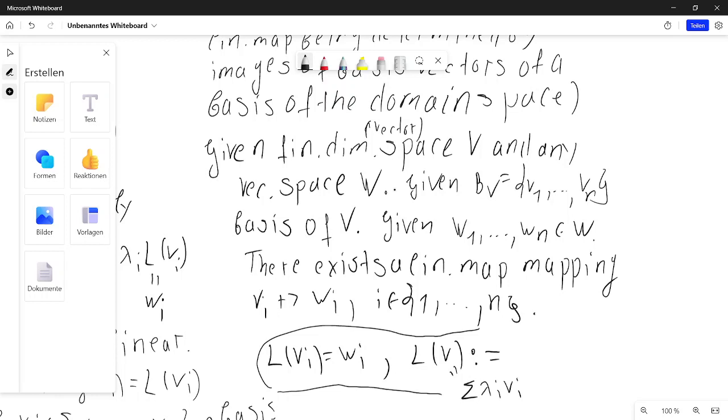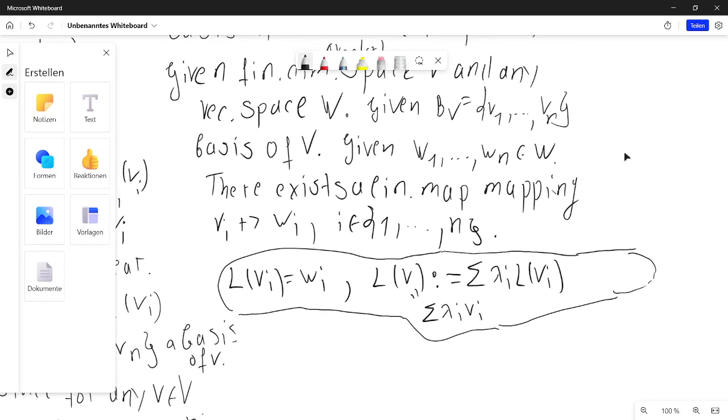That property does not disappear anywhere. We just define that to be that with those images that are supposed to be given. And this is the only way we could define this map. If there exists a linear map mapping that to that, then this linear map must be this map, because the map is already determined by the images. But we don't know if it exists.